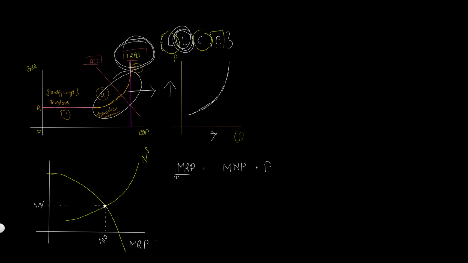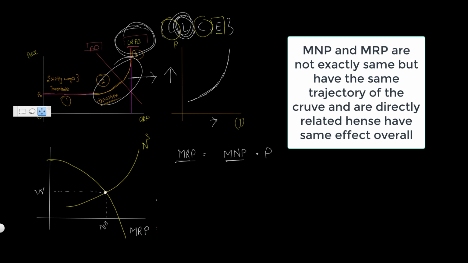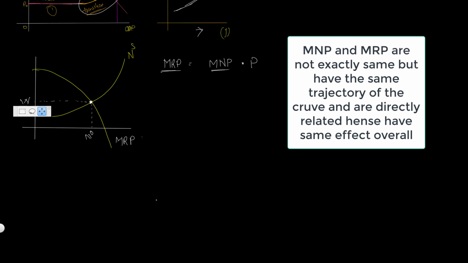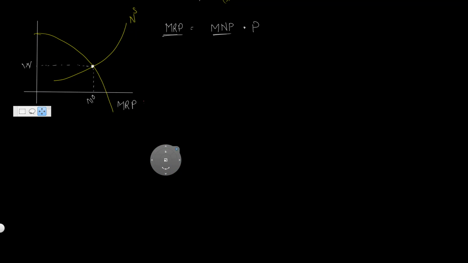The shape of the MRP curve and the shape of the MPN curve are almost exactly similar, so don't get confused when you notice 2 similar graphs with the same shape. Generally speaking, they have the same trajectory, so it should not be a problem. All of this you'll probably study in basic labor market analysis, but if you haven't done so, I'll make a few videos and I'll link it up in case you guys require an explanation.